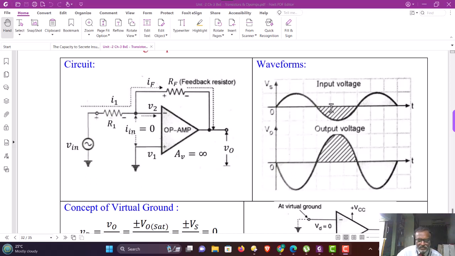During the negative half cycle of the input, that is the hatched portion from pi to 2 pi, the input is decreasing in the negative direction and therefore the output is changing in the positive direction from pi to 2 pi. Whereas the amplitude of the output is larger than the amplitude of the input by an amount that is called the voltage gain.